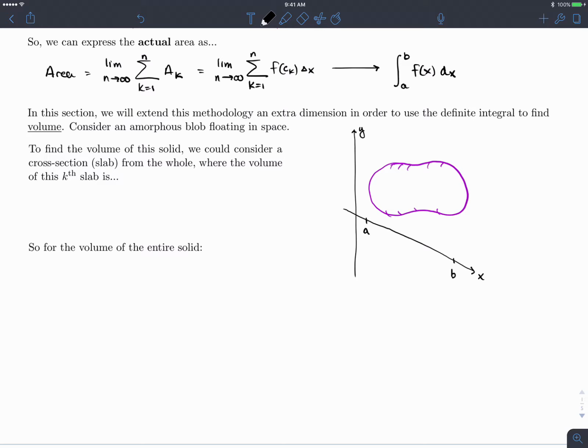Now, in the same vein as what we did with finding area, let's go into this blob and take a section of that. We're essentially going to be slicing a slab out of this. Almost think about it like you go to the deli counter at the grocery store, and they slice slabs off of a larger piece of meat that you're getting.